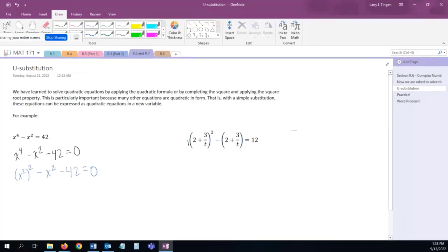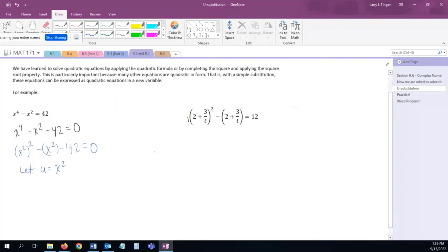Something squared minus something, and I'm just putting in parentheses to draw attention to it. Minus 42 equals 0. So what I'm going to do is let u equal x squared. When I do that, I now have u squared minus u minus 42 equals 0. And I just said that I wish it looked like this, because if it did, this factors.